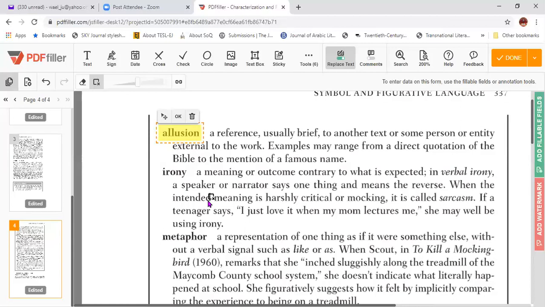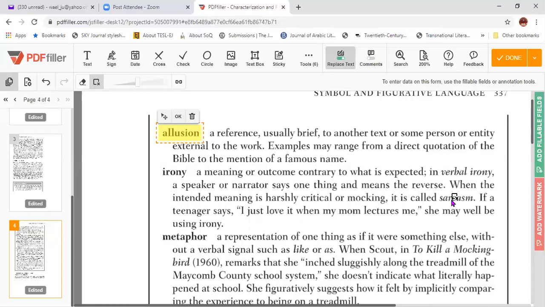That is called irony. In verbal irony, a speaker or narrator says one thing and means the reverse. When the intended meaning is harshly critical or mocking, it is called sarcasm. Okay, now let's say I gave you an exam and your grades were very bad, okay? And when I come and give you the papers, I say, well, you did a good job, students.